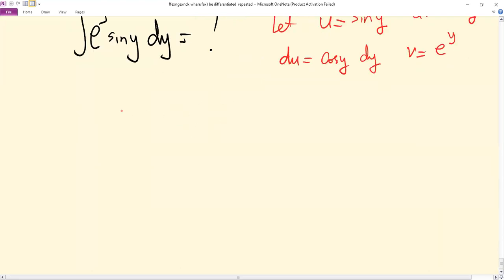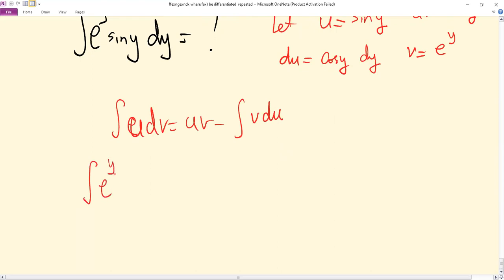So remember, integral of u dv is uv minus integral of v du. So which means integral of e raised power y sine of y dy is uv. So u is sine y, v is e raised power y. So we'll have e raised power y sine of y minus v du.